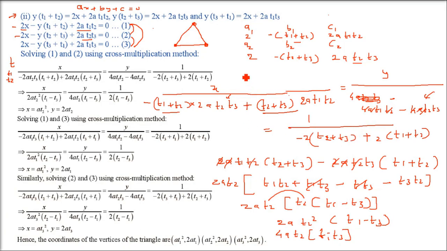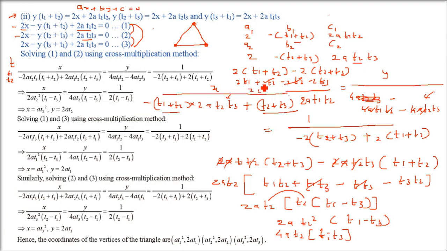Coming to the denominator of 1. So let us find some space. This is 2 into T1 plus T2. I'm taking the positive term first, then the negative term. 2 T1 plus T2 minus 2 into T2 plus T3. Now open this. 2T1 plus 2T2 minus 2T2 minus 2T3. 2T2, 2T2, you can cancel it.